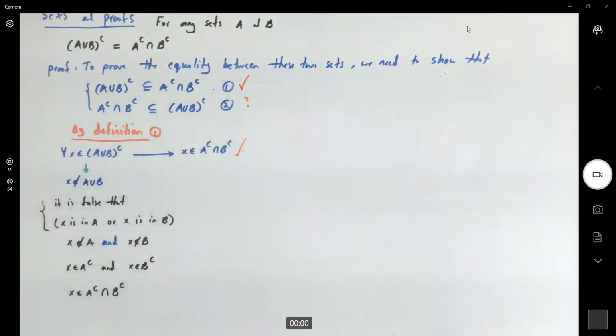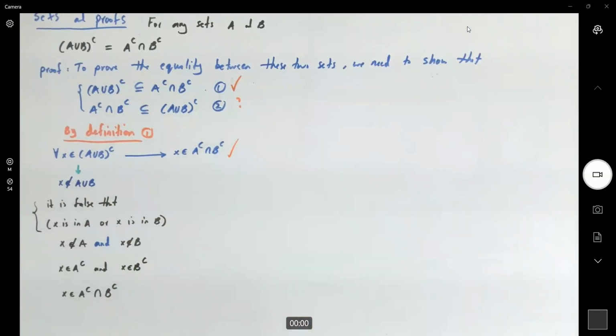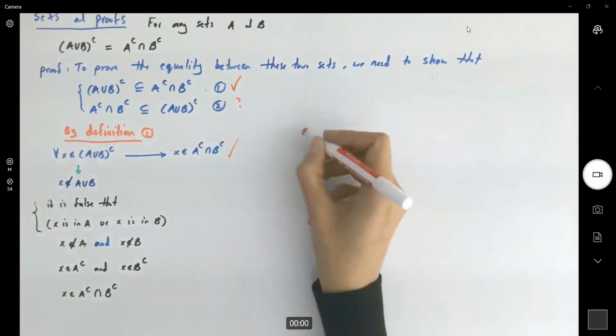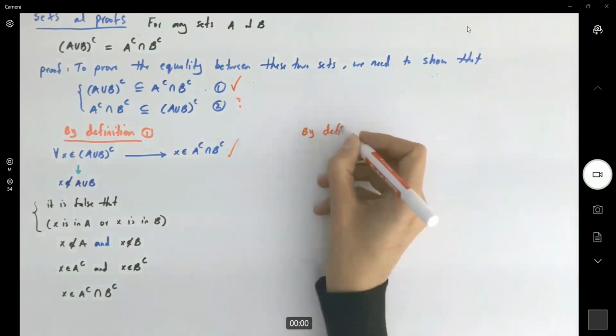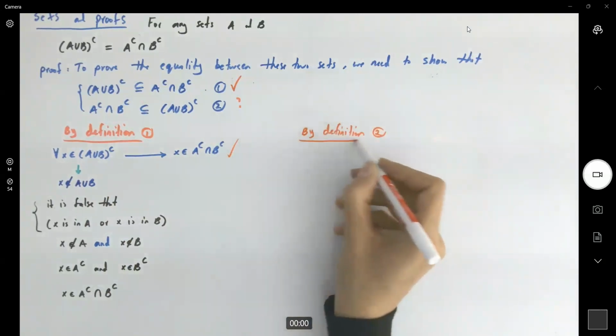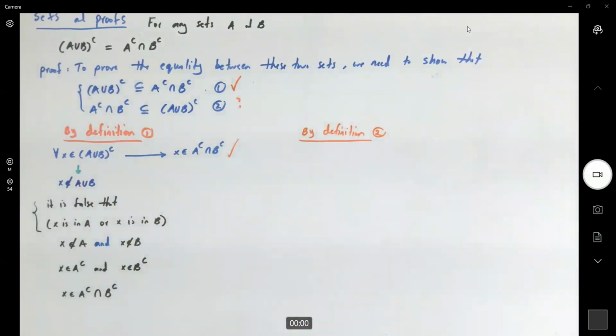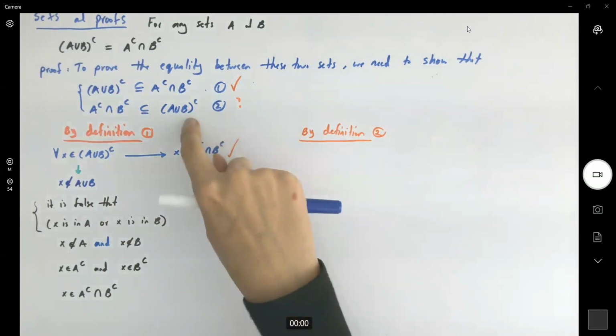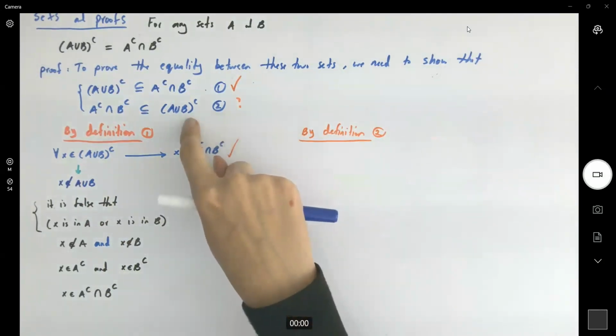Now the second one. By definition, we're going to prove number two. Again, take a random element like X and show that that X belongs to this set here.